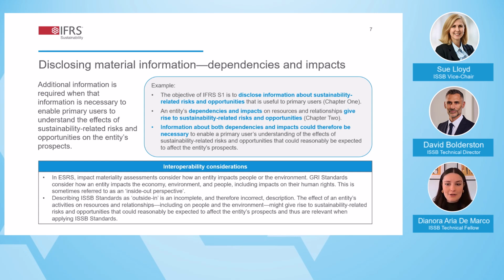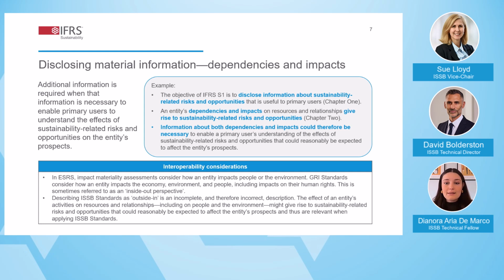As we've just explained, the effect of an entity's activities on resources and relationships, including on people and the environment, might give rise to sustainability-related risks and opportunities that could reasonably be expected to affect the entity's prospects, and thus are relevant when applying ISSB standards.